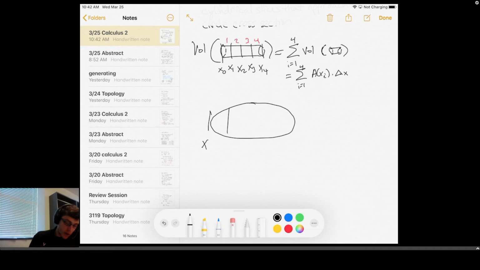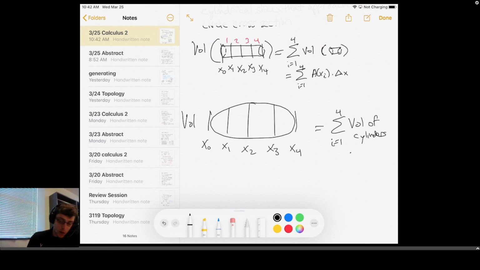So if we have x0, x1, x2, x3, x4, then the volume of this guy is equal to the sum of, again, the volumes of cylinders, but these are of different radius, right?